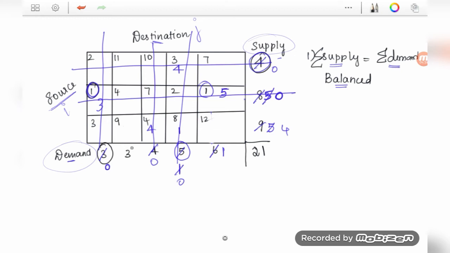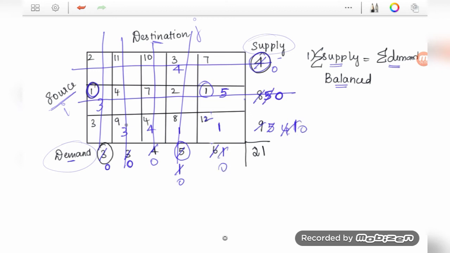Checking the corresponding row and column of 9, amongst 3 and 4, 3 is the smallest, so write down 3 here, put 0 and write down 1 here, and cancel this whole column. Now we'll have only one more element left, which is 12. Both the corresponding row and column represent 1, so we'll put 1 here and cancel it.